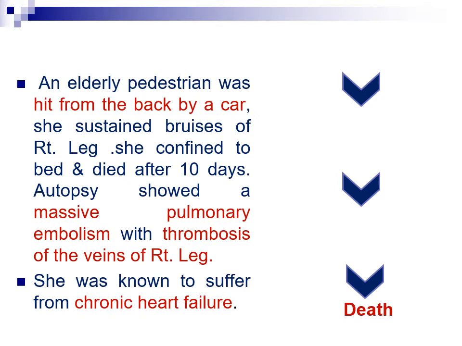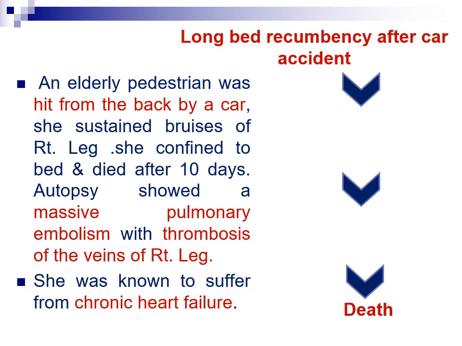In the previous example, this has a chronological manner. First, what happened first? The patient or the victim was hit from the back by a car and confined to bed for 10 days. So the first event is long bed recumbency after the car accident, which caused a thrombosis of the veins of the right leg.